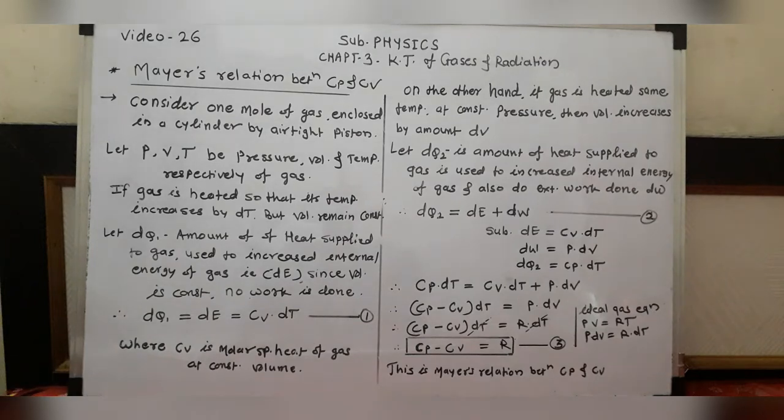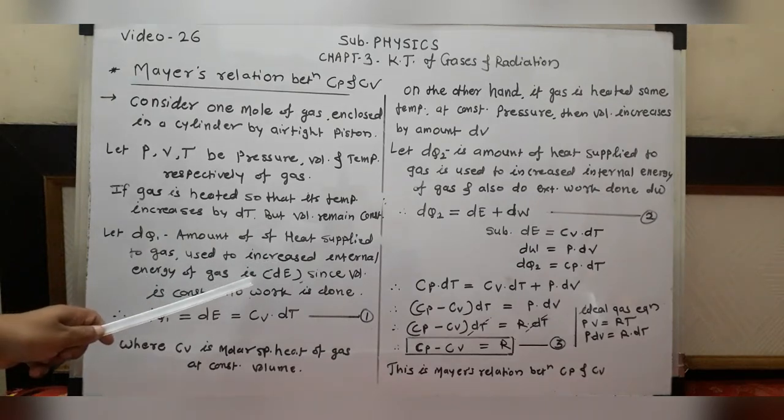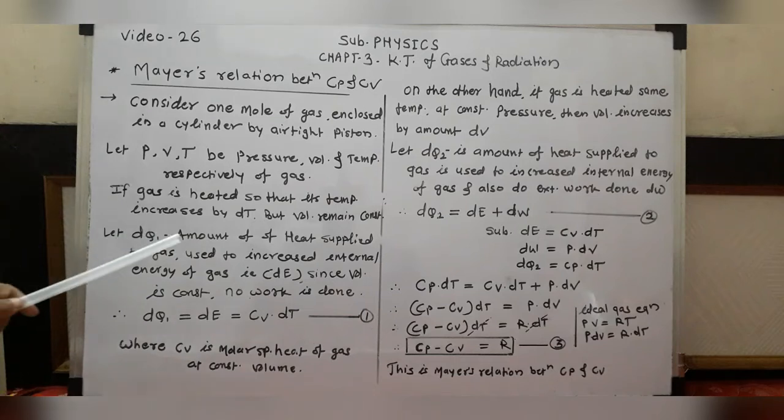Then this amount of heat, denoted by dq1, supplied to the gas is utilized for the internal energy of the gas, that is dE.